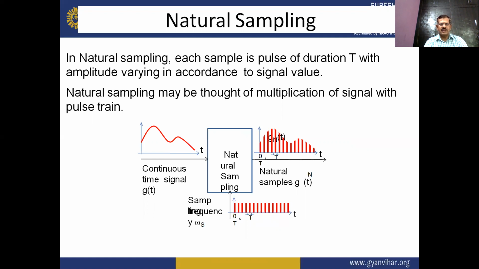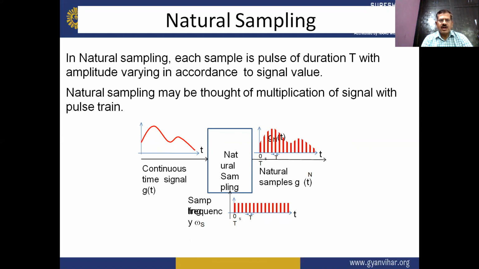In this diagram, there is an input continuous time signal g(t), applied to the natural sampling network, and the output converts the continuous time analog signal into a digital signal in the form of natural samples.